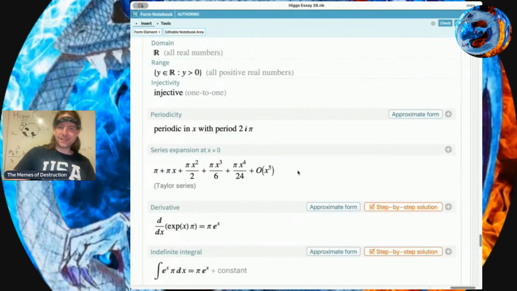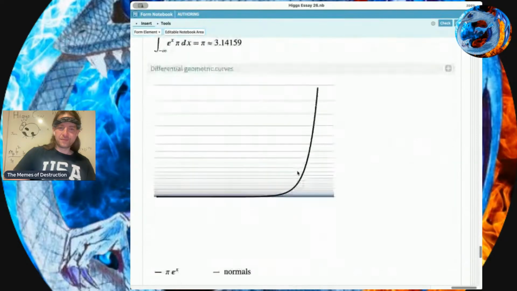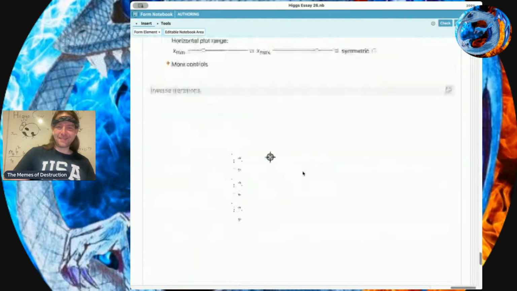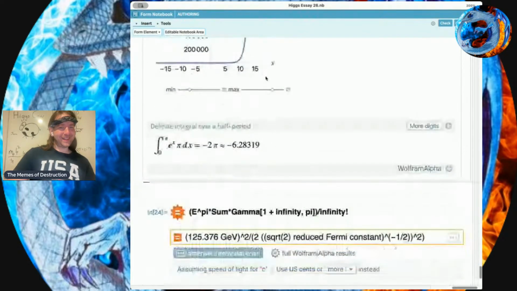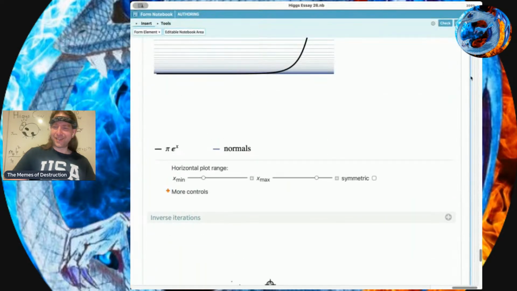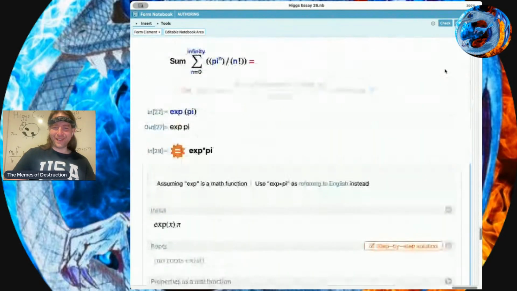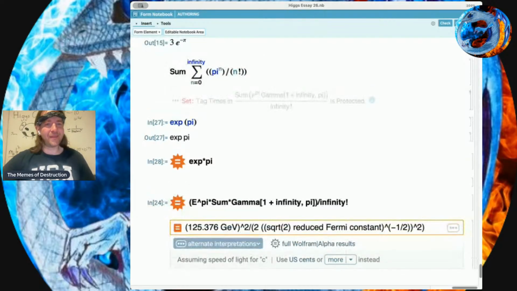Yeah. Oh, look at that. Oh, that's pretty. It starts going up really fast. Wow, look at all these extra features. I didn't even know they were here. Oh, very neat. Unfortunately, I'm too much of a noob to know how to use those well. All right, I get that factorial right there.